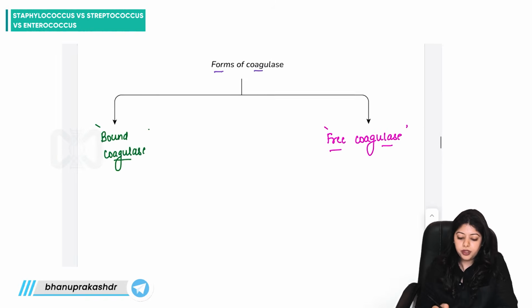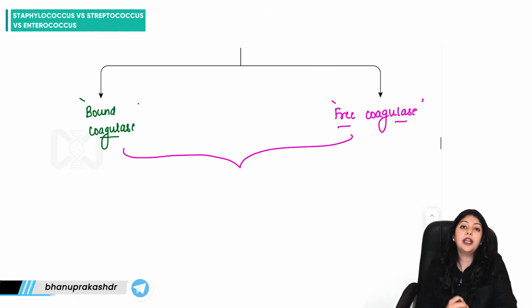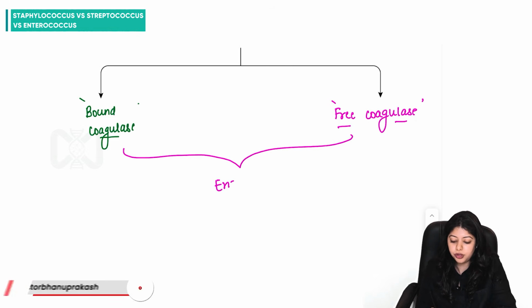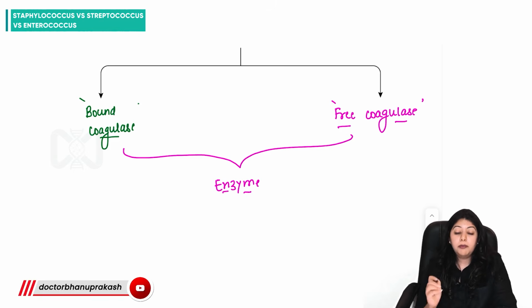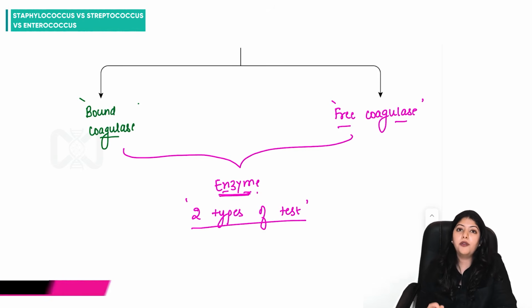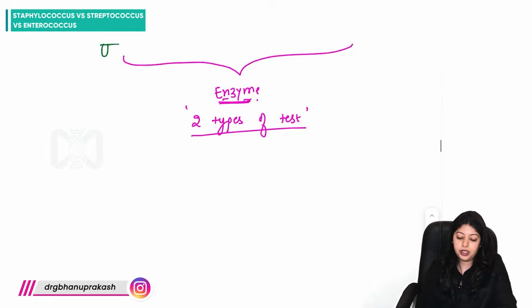Both of these forms of coagulase have different enzymatic activities, so different tests are used to test these particular enzymes. Two types of tests are done to identify the presence of either bound coagulase or free coagulase.